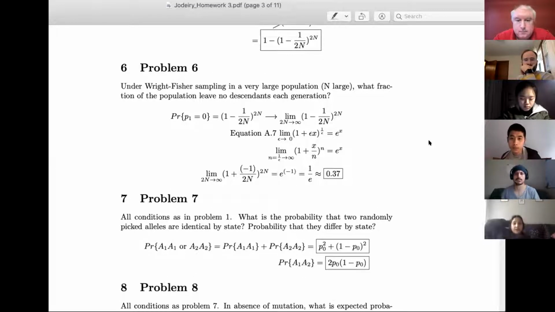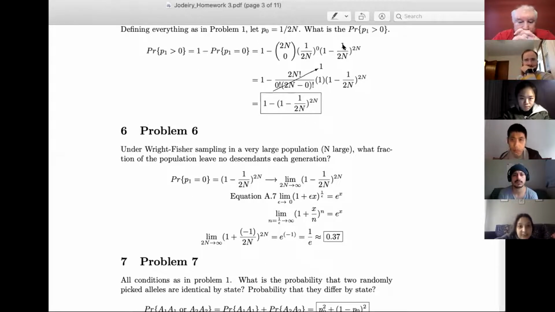Okay, so we know that the probability that P1 is 0, or that the frequency will be 0 after one generation, is this term, because we found that in the previous problem when we did 1 minus it. And so taking the limit of this as 2n goes to infinity was just some math. We know from the textbook appendix that the limit as epsilon goes to 0 of (1 plus epsilon x) to the 1 over epsilon is e to the x.